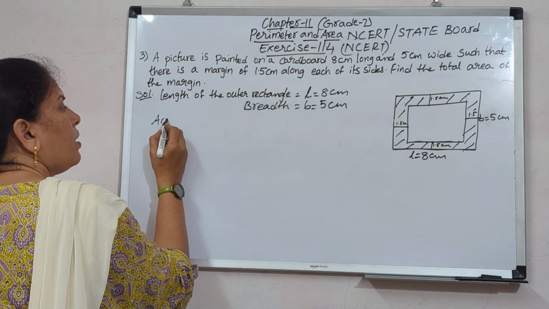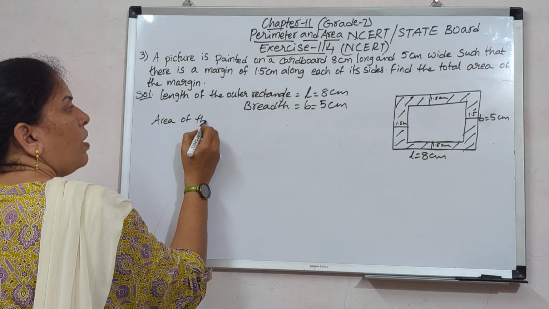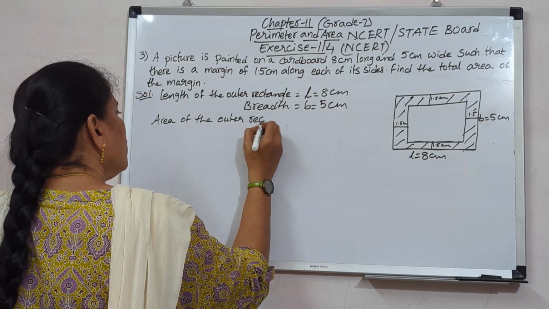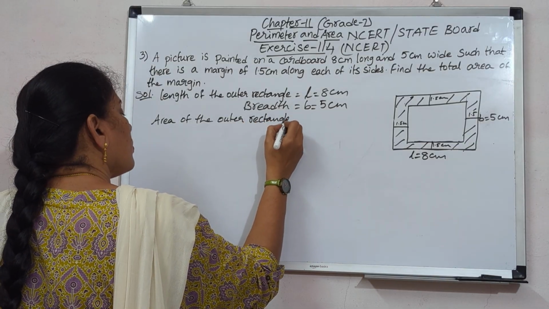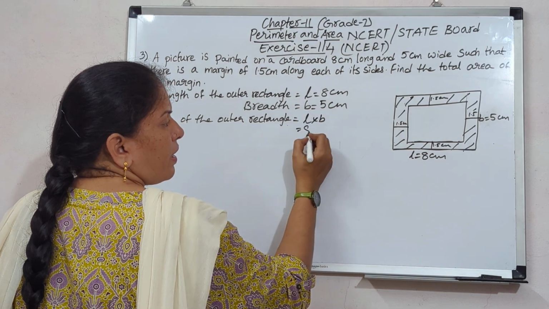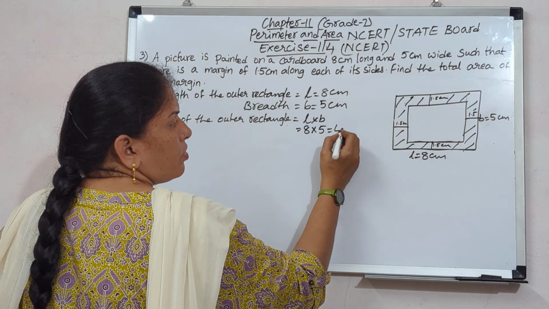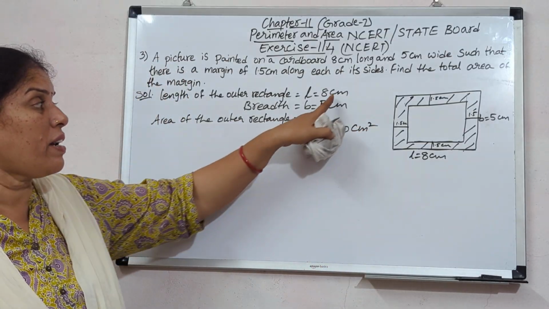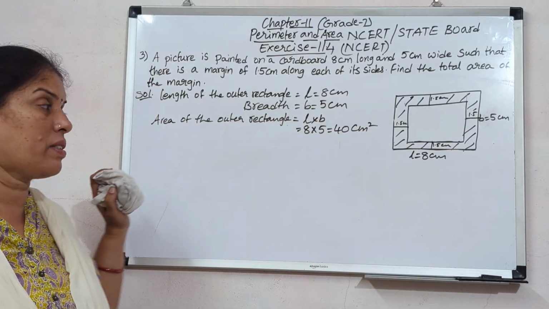Area of the outer rectangle is equal to L into B, which is 8 into 5, that is 40 square centimeters. These are in centimeters, that's why I am writing centimeters.